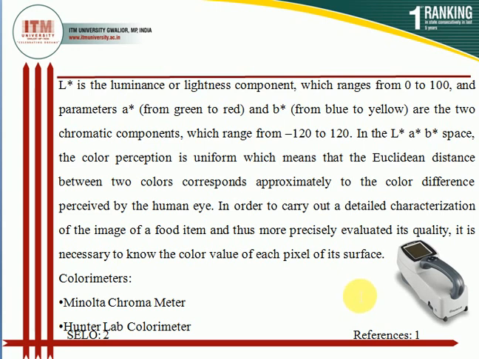So if you want to use the Hunter Lab colorimeter, you have to standardize it each time you want to use it, with the help of two tiles, white and black. And after that you can measure the sample.